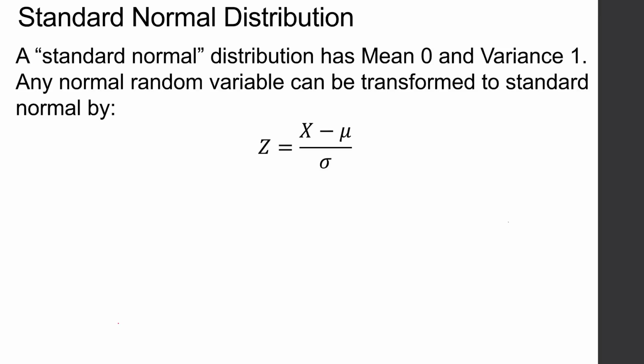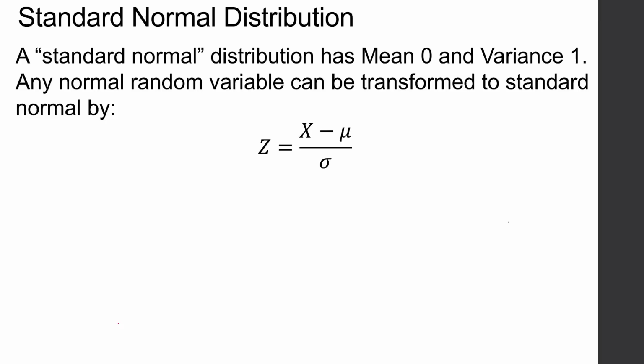All right, so the very special normal distribution, called the standard normal distribution, has a mean of 0 and a variance and standard deviation of 1. Any normal random variable can be transformed to a standard normal random variable by taking each value and subtracting the mean mu and dividing that difference by sigma, the standard deviation.